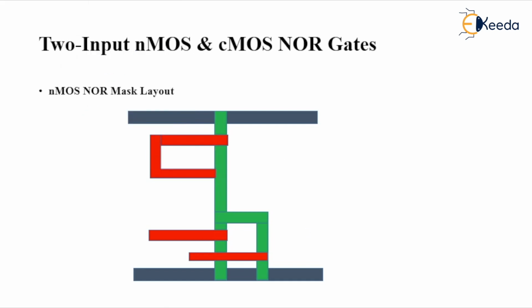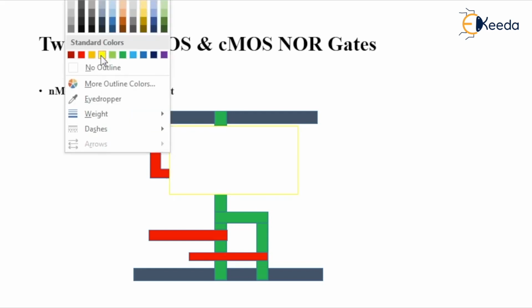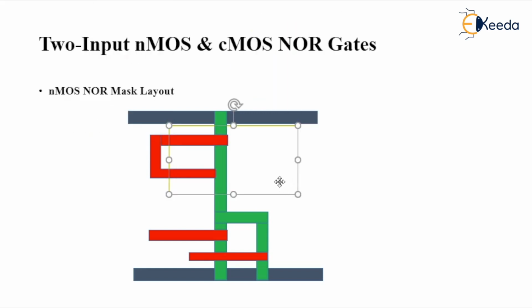Right, up to now 50% of the mask layout was completed. Now we have to implant this depletion MOSFET. So a depletion implant should exist there, and that should be represented with yellow color. So the same thing I am doing here. So implantation is also completed, which is showing here.